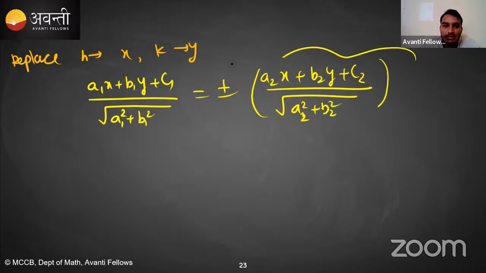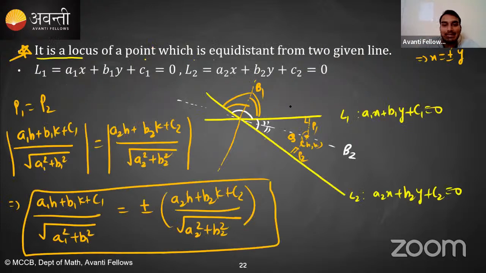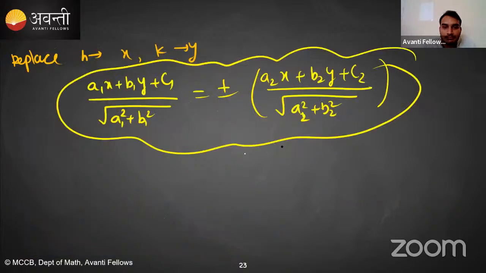This is nothing but the equation of the angle bisector, and clearly we are seeing two such angle bisectors, plus or minus. With plus there will be one angle bisector, with minus a different one, right? So there will be two bisectors, and we already saw earlier that one bisector is of the acute angle and another is of the obtuse angle. So two bisectors had to come, yes or no?